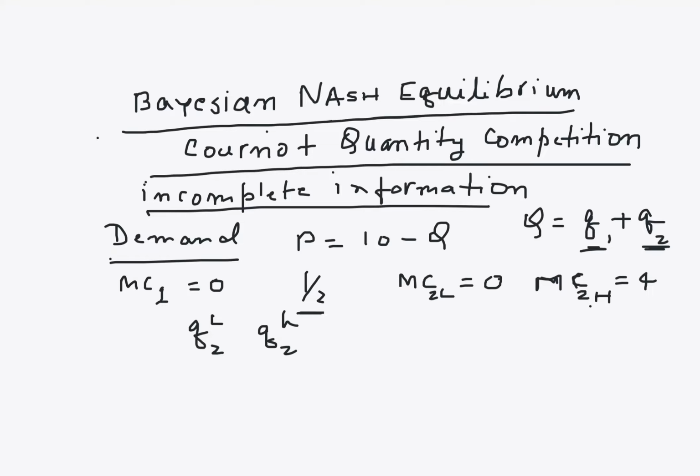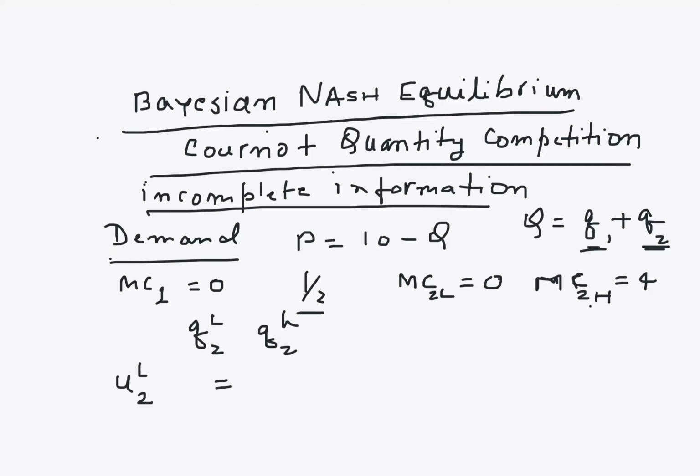the payoff of the low cost type of firm 2. So the payoff of the low cost type of firm 2, U2L, is equal to price times quantity, right? Cost is 0.